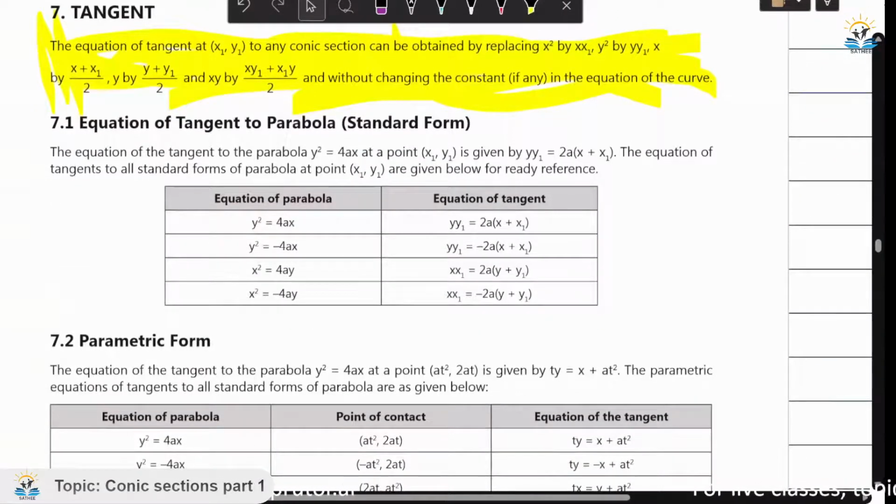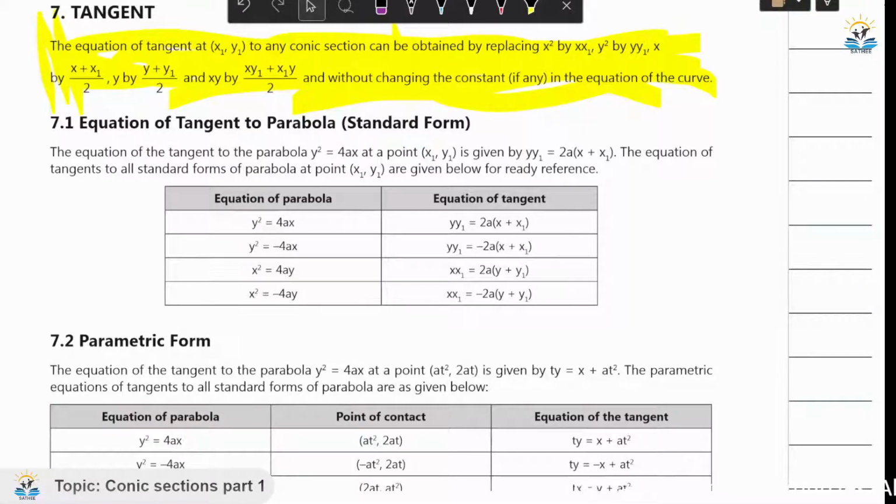Okay, so moving on, let's just write the equations of tangent. So these are the equations of the tangents that we have.